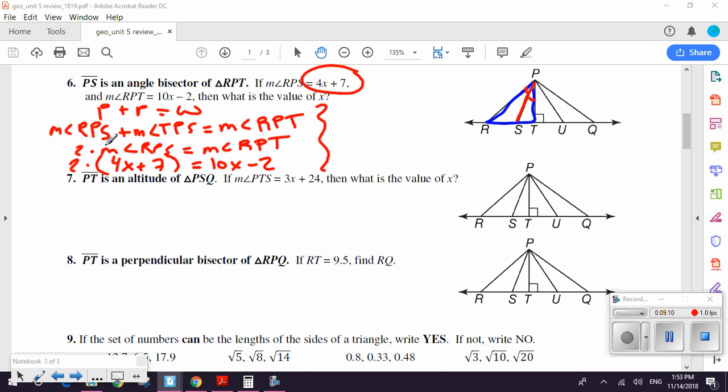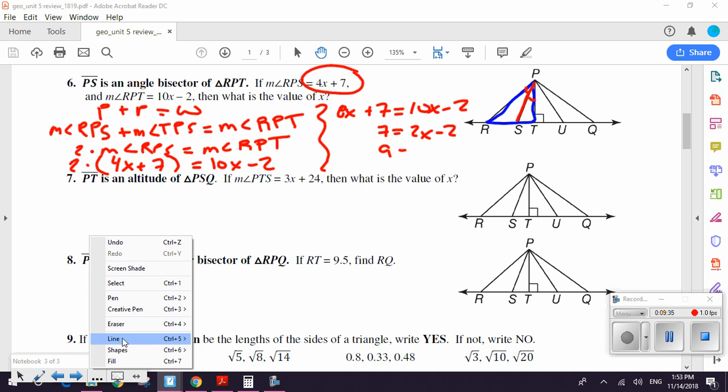So distribute your 2, you would get 8x plus 7 equals 10x minus 2. Now we can solve for x. Subtract 8x on both sides, you get 7 equals 2x minus 2. Add 2 to both sides, you get 9. Whoa. Rewind. Sorry.